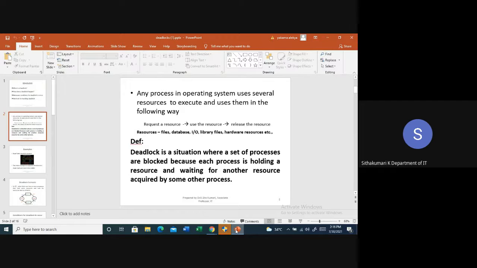So coming to the definition of deadlock, it is a situation where a set of processes are blocked because each process is holding a resource and waiting for another resource acquired by some other process. A set of processes are said to be in the deadlock state when every process in the set is waiting for an event which can only be caused by some other process in the same set.